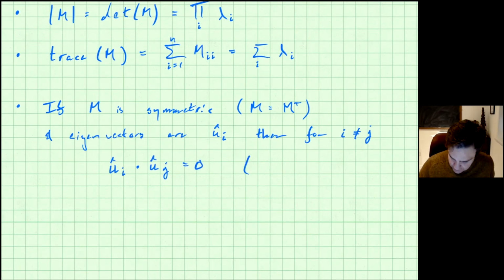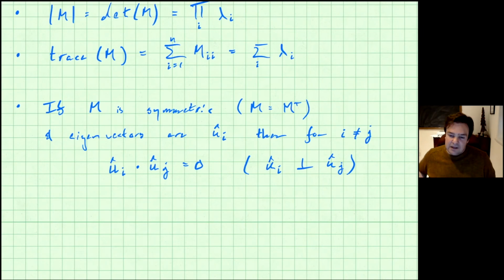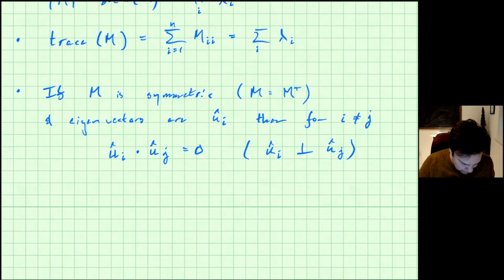In other words, u hat i is perpendicular to u hat j. So the eigenvectors of a symmetric matrix are all perpendicular to each other. That's useful to know. That's an important result.